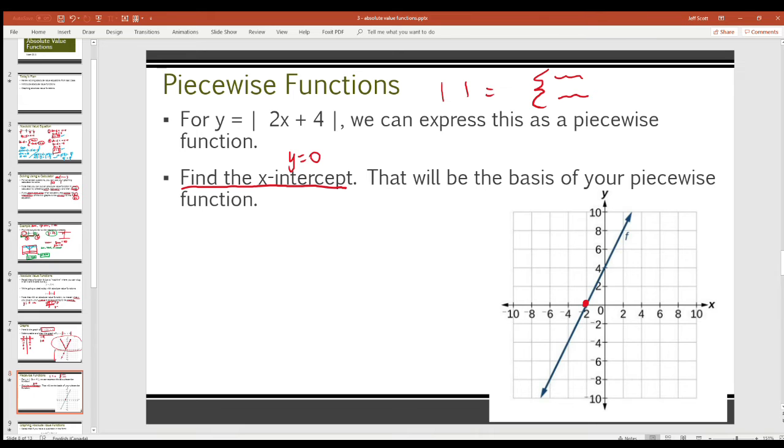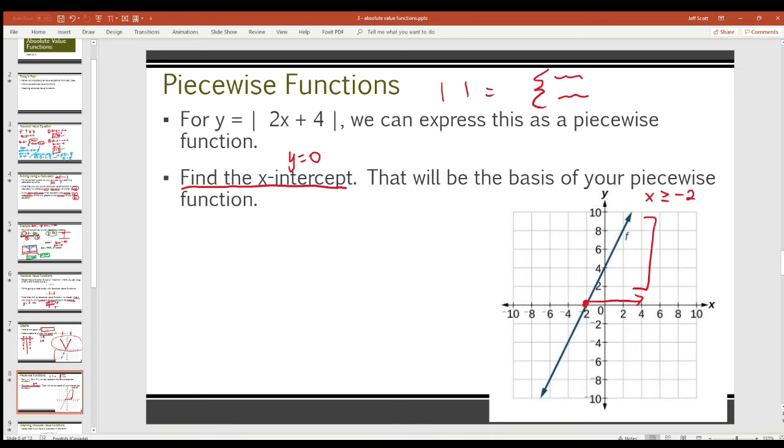When x is negative 2, anything where x was bigger than that is going to stay the same because this entire chunk of our original graph doesn't move. So in other words, when x is greater than or equal to negative 2, the graph of your absolute value function stays the same as the original.